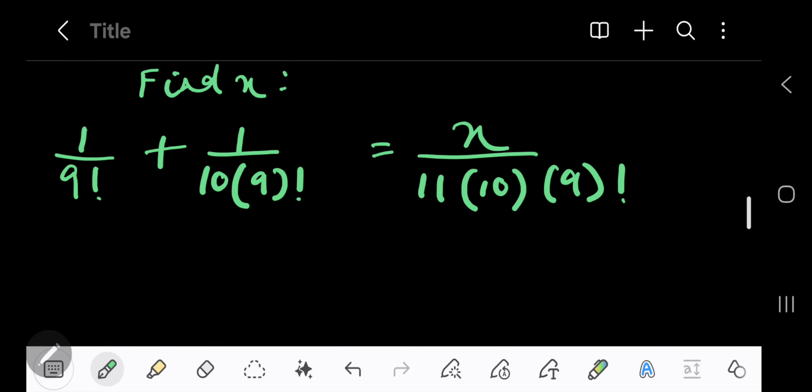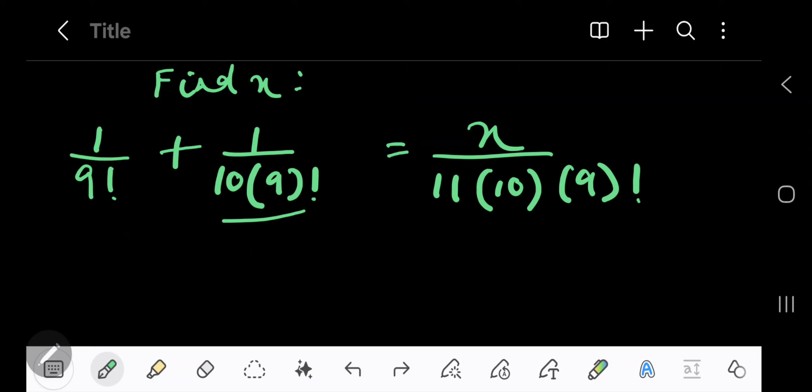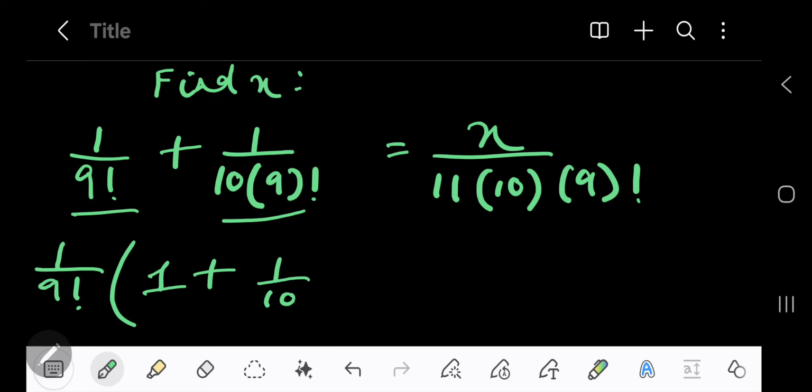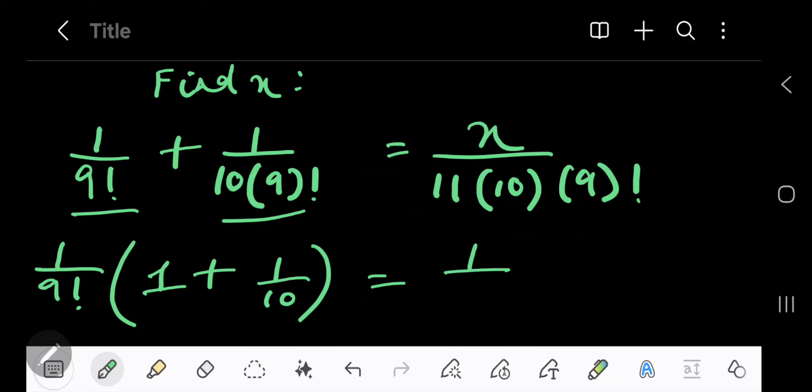See, if you take 9! out from both sides of this equation, 1 over 9! from both of these terms, you'll get 1 plus 1 over 10 equal to, taking 1 over 9! out from the right side, 1 over 9! times x over 11 times 10, which is 110.